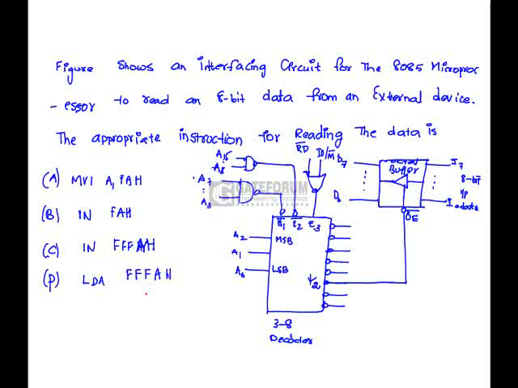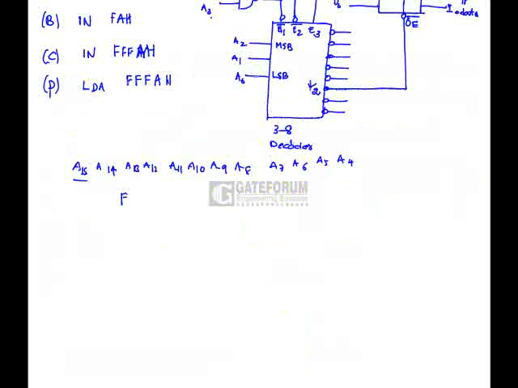The appropriate instruction for reading the data is, here, in order to enable the 3 by 8 decoder, A3 to A7, A8 to A15 must be all ones. A15 down to A4 must all be 1, so this combination gives F, F, F. But A3, A2, A1, A0 must be 0, 1, 0, 1 because we have to select Y2 line.